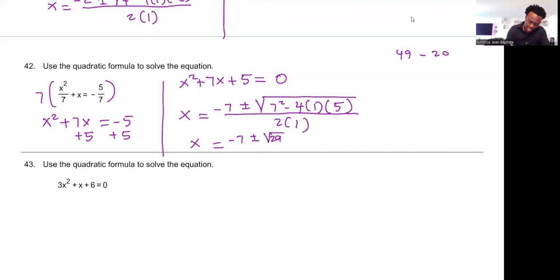Square root of 29 over 2. 29 is not a perfect square and does not have a perfect square factor in it. So my solution is negative 7 plus or minus square root of 29 divided by 2.